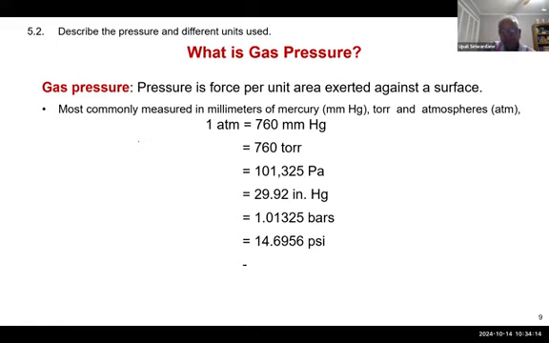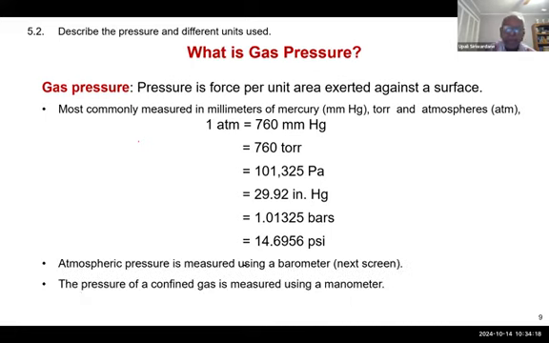That's about 15. 1 atmosphere is about 15 psi. So we can use different units to measure pressure.